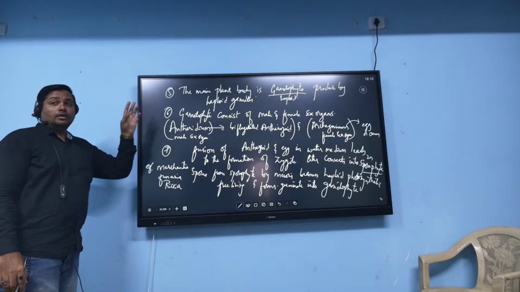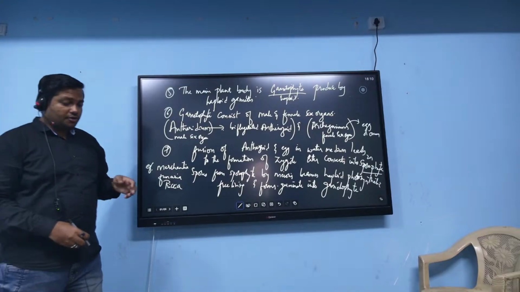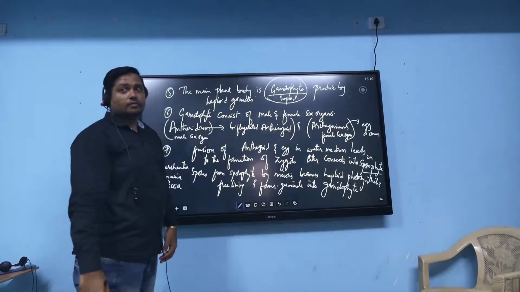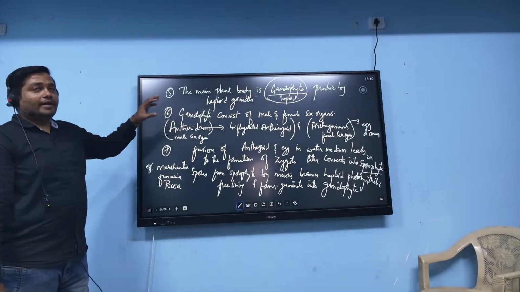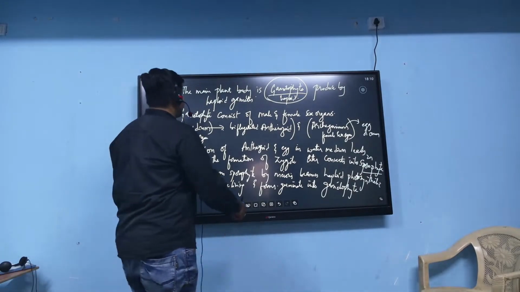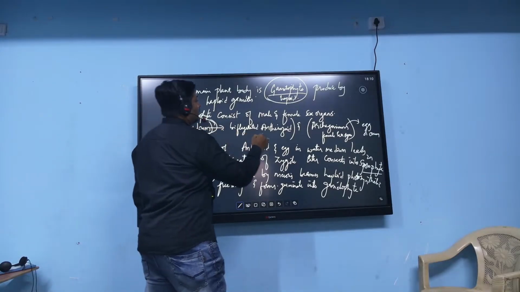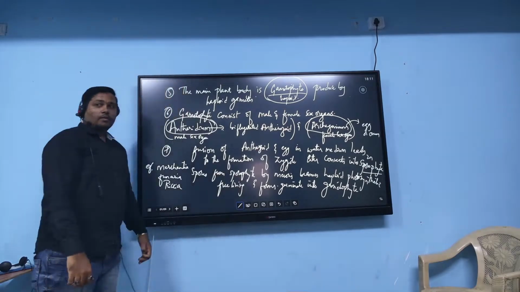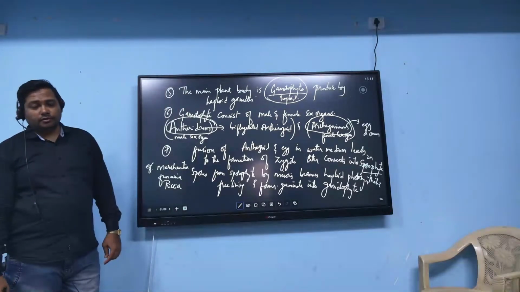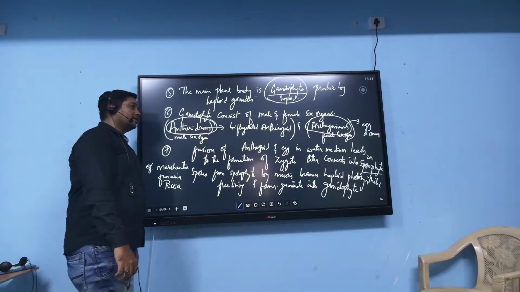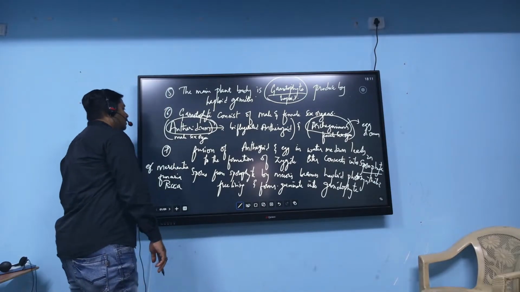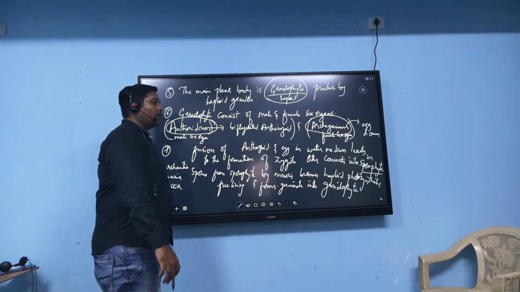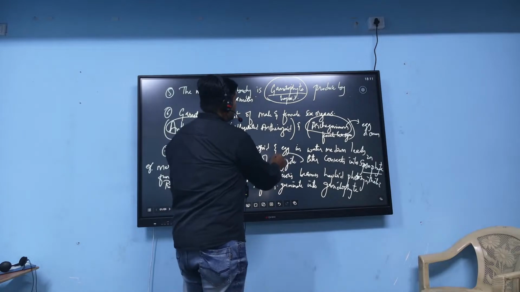You can see the main plant body, which is thallus-like, thalloid, called the gametophyte in bryophytes. Gametophyte consists of male and female sex organs, that is antheridium and archegonium. Antheridium will produce antherozoids, which we can call sperm also, and archegonium produces the egg, ovum. Fusion of antherozoid and egg in the water medium leads to the formation of zygote.